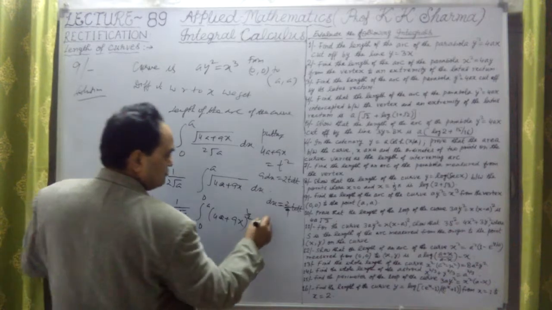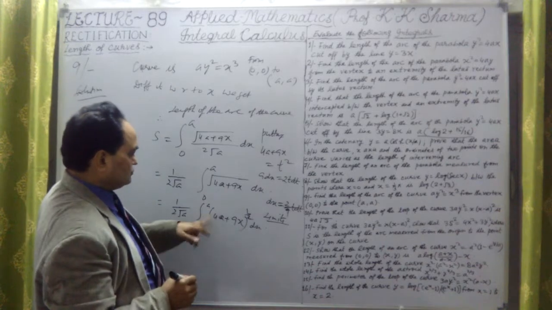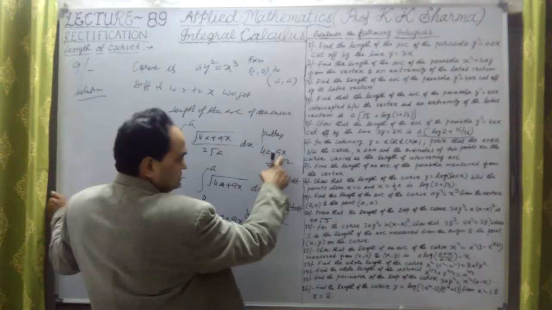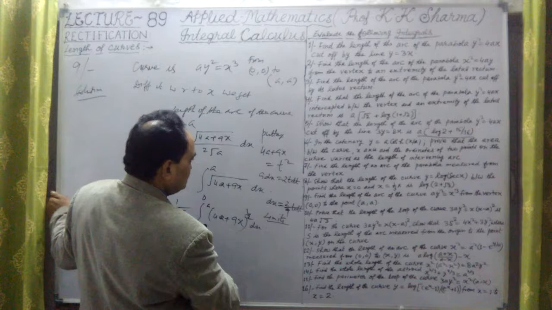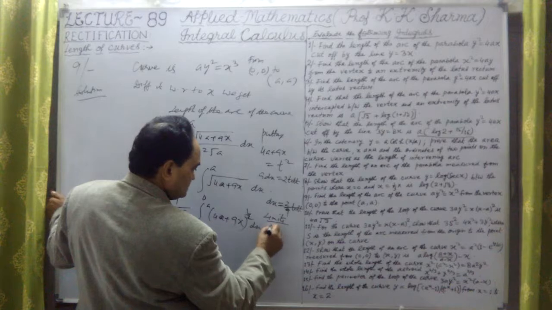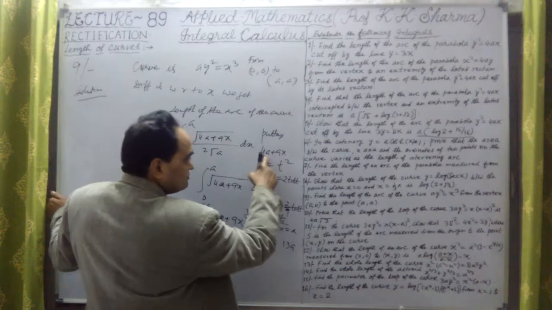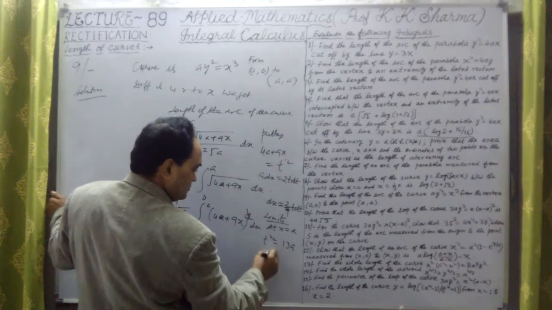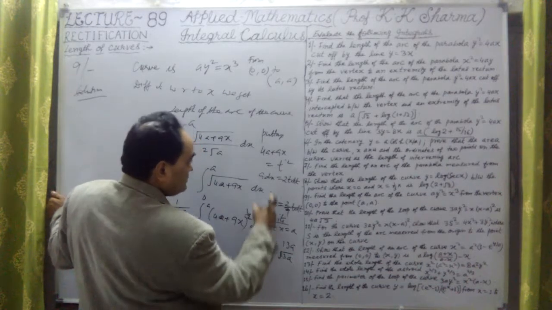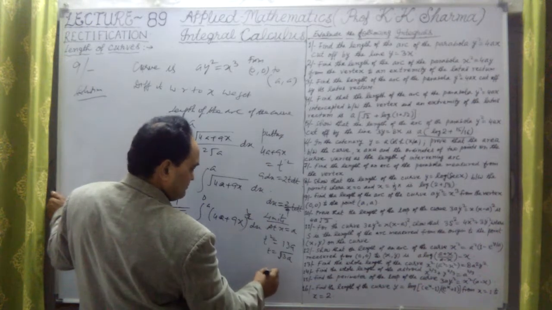Now putting the limits here. What are the limits? When x equal to a, t square equal to 4a plus 9a, that means 13a, so t equals under root 13a, square root of 13a.